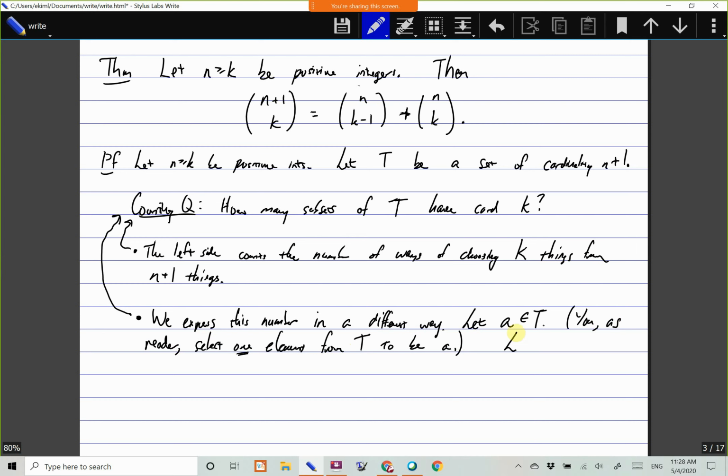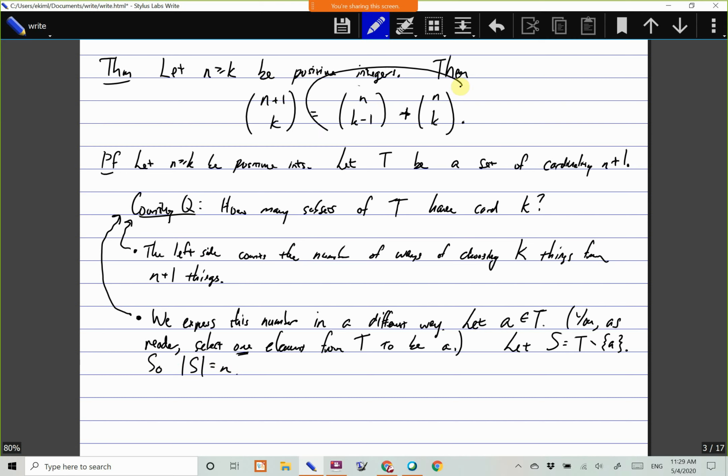And then let S be the set T set minus singleton a. It literally doesn't matter which element from T is picked, so just have the reader pick something. Then we've designed the set S where we've intentionally started with T but cut out the element a. So of course S has one fewer thing, so the cardinality of S is n.